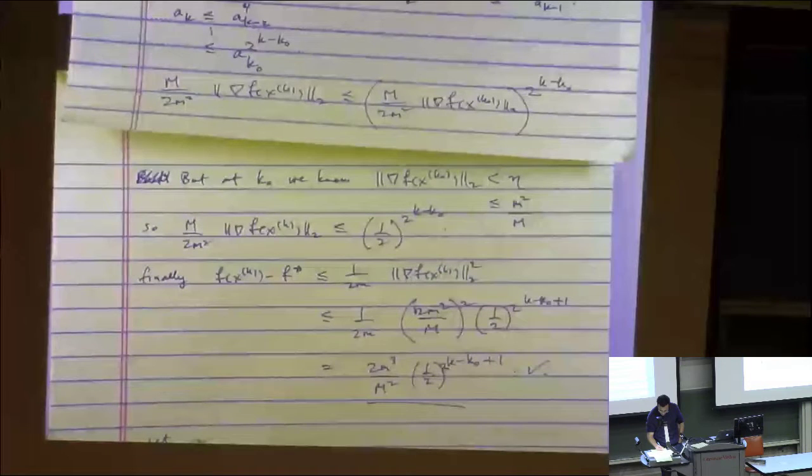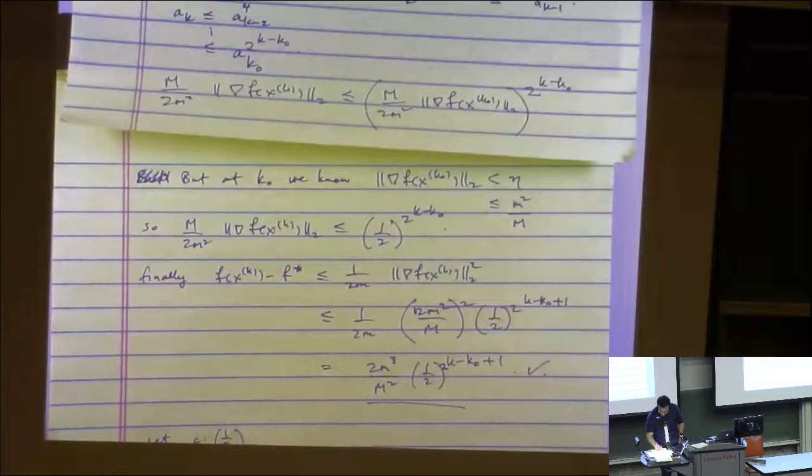So set, let's say just call it maybe c times 1/2 to the 2 to the k minus k0 plus 1 equals epsilon. And if you solve for epsilon, you're going to need to take 2 logs, right, to get this k down after it's up in 2 exponents.